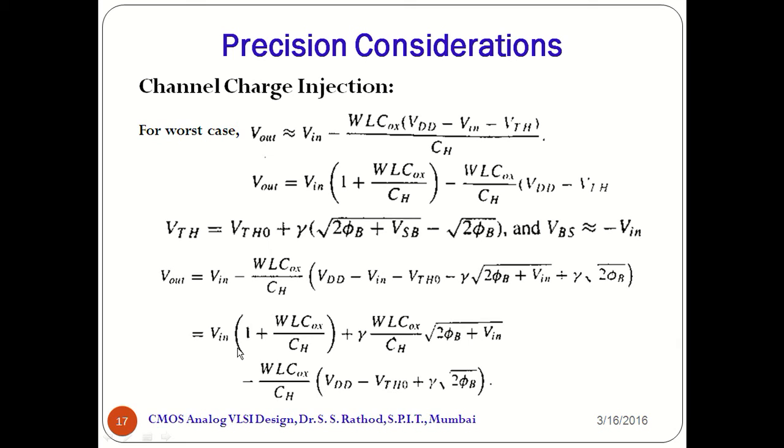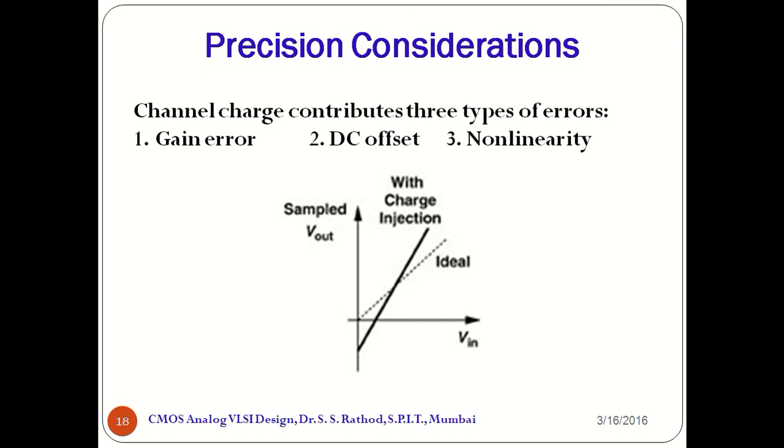From this answer, what you can say is that the input is amplified by a factor of 1 plus WLC0X by CH, while there is a DC offset that is also present in the output, which is given by the rest of the terms.